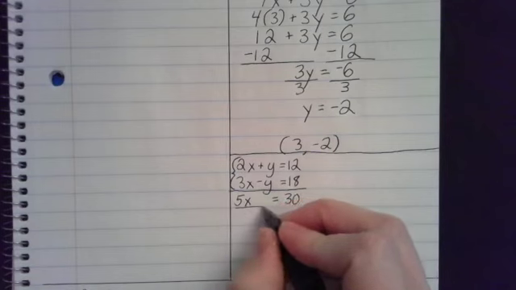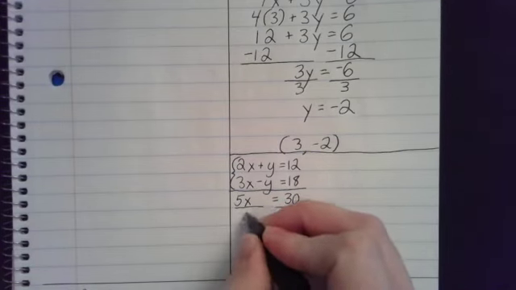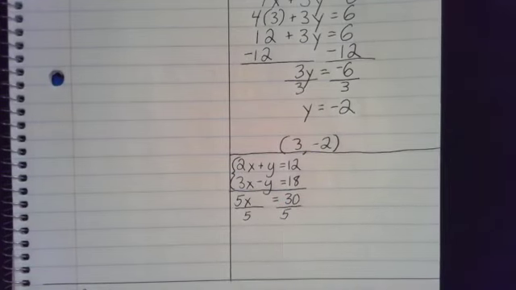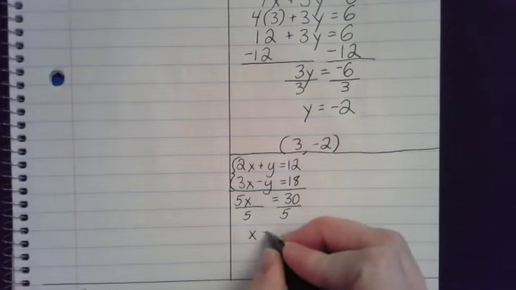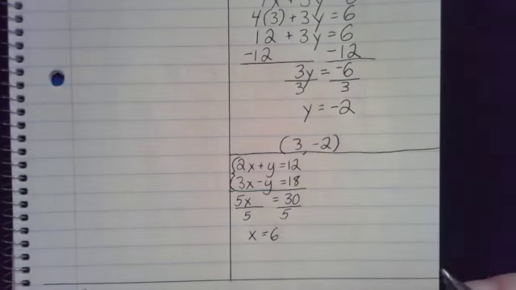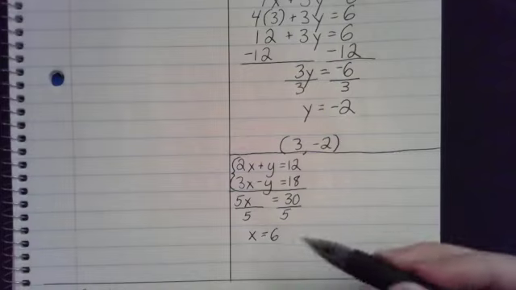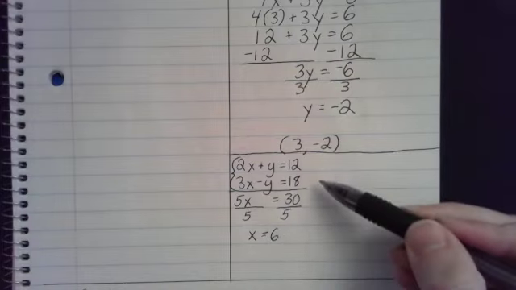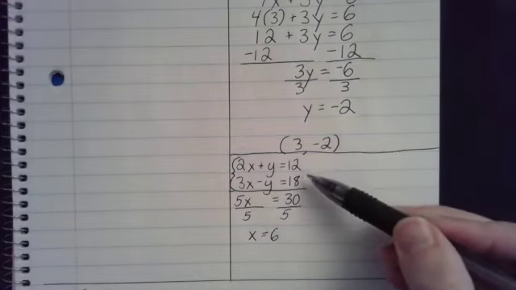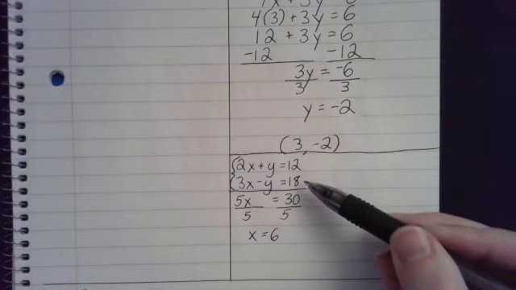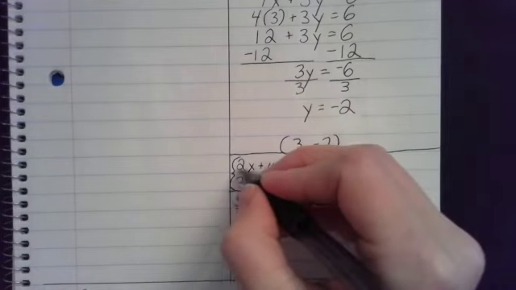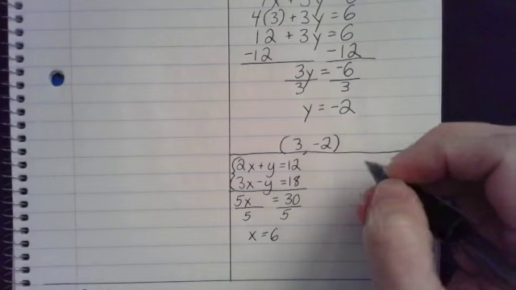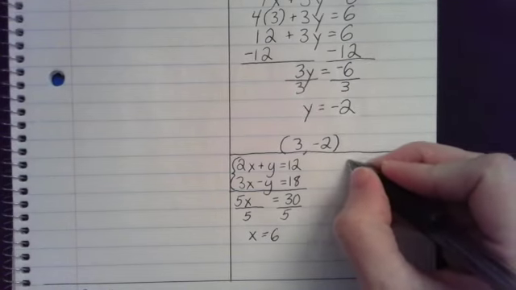Now I'll divide both sides by 5. I'll get x equals 6. Now I need to take this 6 and put it back up into one of the equations. And I'm going to choose this first equation to plug this 6 back into, and I'm just going to write it over here.